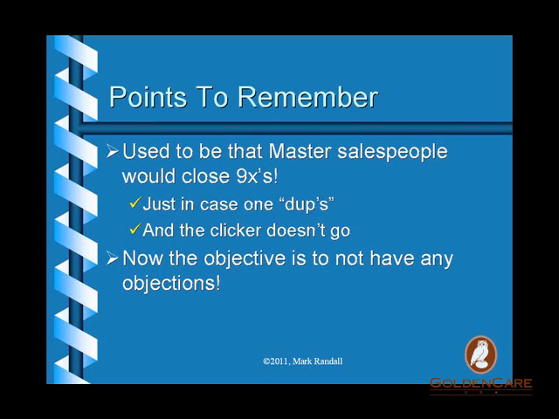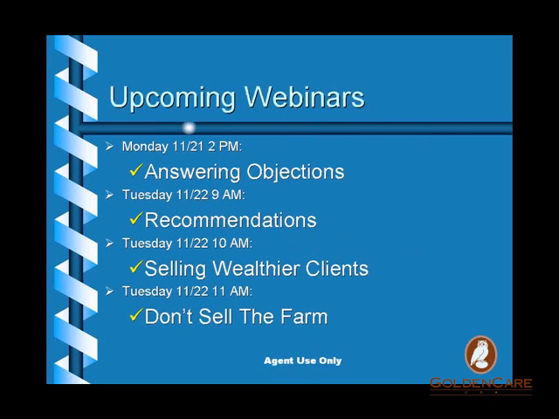I want to try to uncover all of the client's objections during my presentation rather than waiting till the end of the sale. I prefer to get to the end of the sale and not see any objections at all. But if you do see them, or you run into that client that throws a couple at you, I hope some of the stuff that you learned today helped you out.